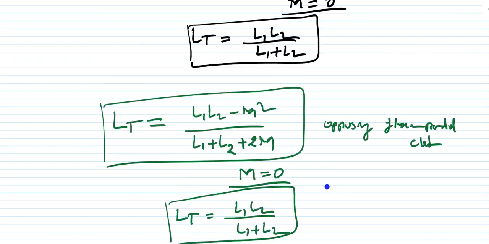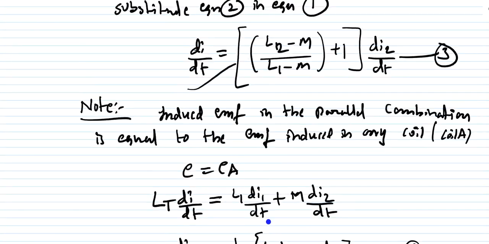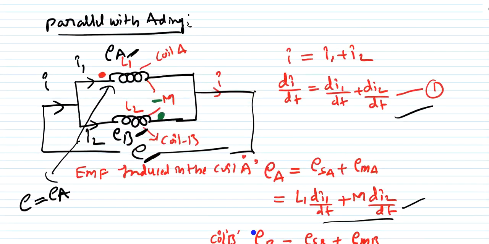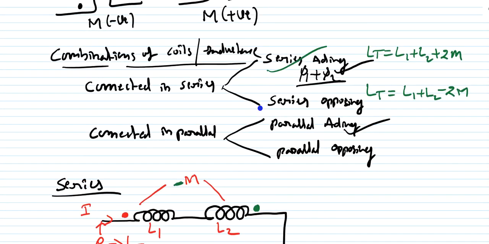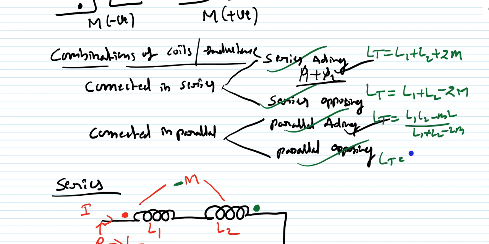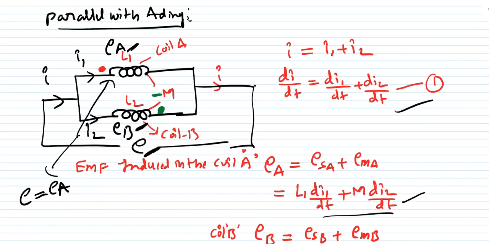So this is the way you can derive the total inductance of the circuits for series aiding, series opposing, parallel aiding and parallel opposing. So I think for parallel aiding, LT is equal to L1 L2 minus M squared by L1 plus L2 minus 2M. For parallel opposing, LT is equal to L1 L2 minus M squared by L1 plus L2 plus 2M. These are the formulas we are getting for these two combinations.